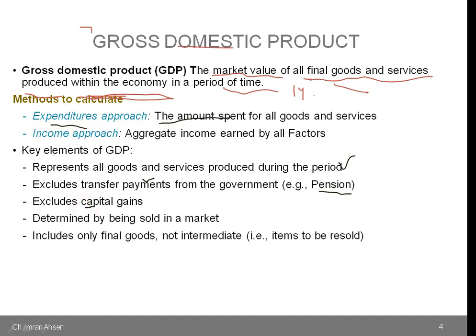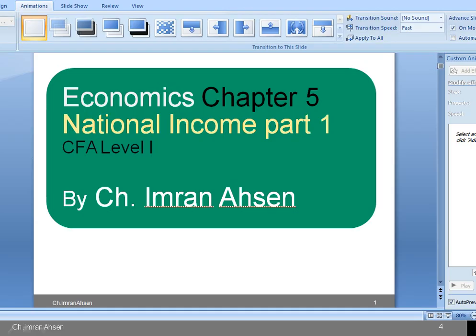Exclude capital gains. If we have some land and we sell it for a profit, that is not included in the GDP. What is determined by being sold in the market, the price which we actually get, that is included, not anything else.